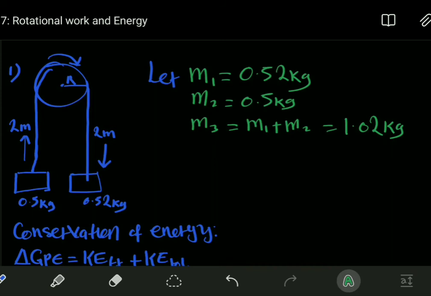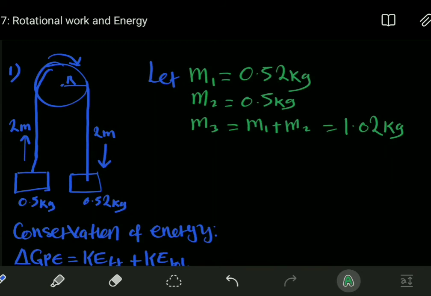So negative displacement there. And at the same time, as both objects are moving, there's going to be a gain in kinetic energy for both. And there's also going to be some rotational kinetic energy for the wheel.